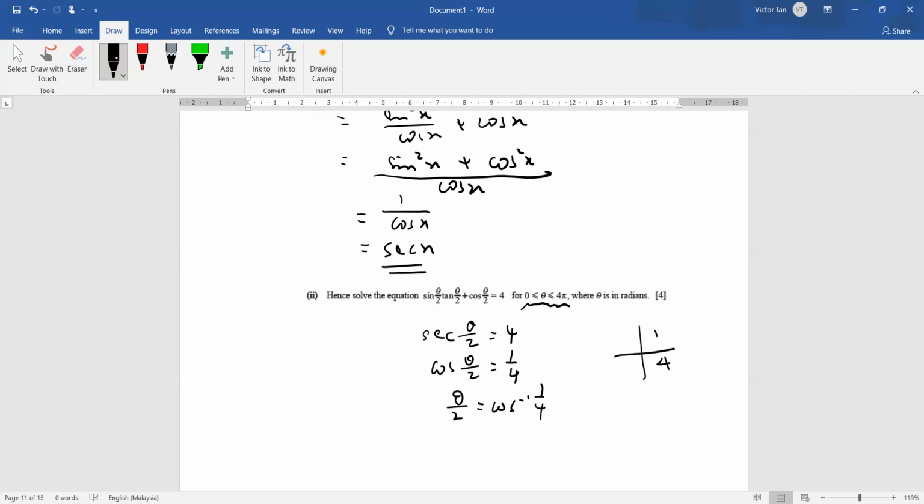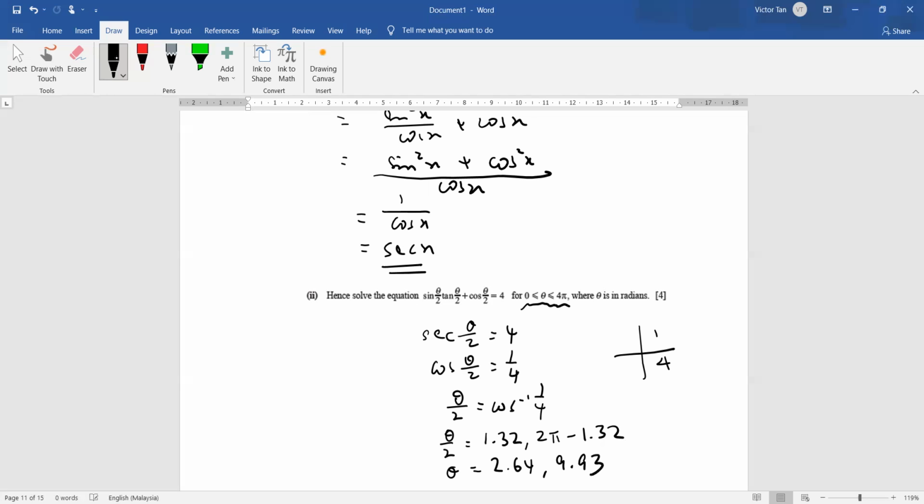Shift cos 1 over 4 gives 1.32. And the other one is 2 pi minus 1.32, which equals 4.96, and then adding 2 pi gives the other values.